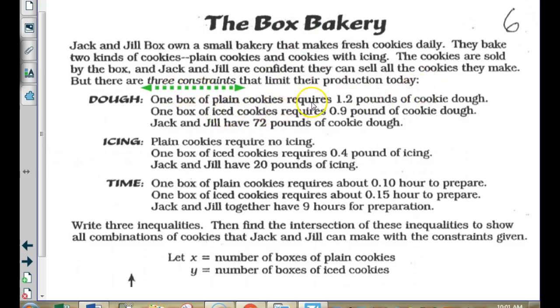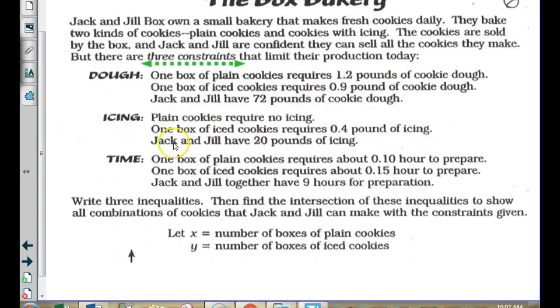1 box of plain cookies requires 1.2 pounds of cookie dough, and iced cookies 0.9 pounds of cookie dough. They have 72 pounds of cookie dough. For icing, the plain cookies don't take any, but the iced cookies take 0.4 pounds of icing, and they have 20 pounds of icing to work with.